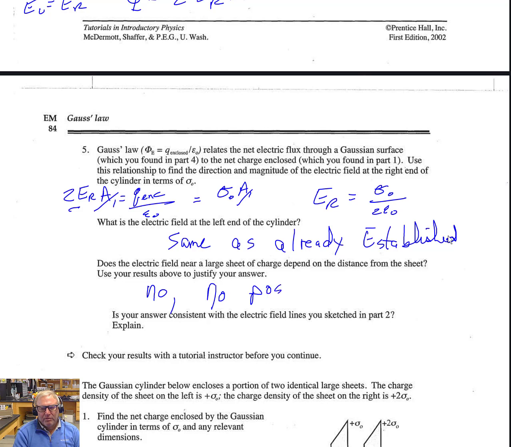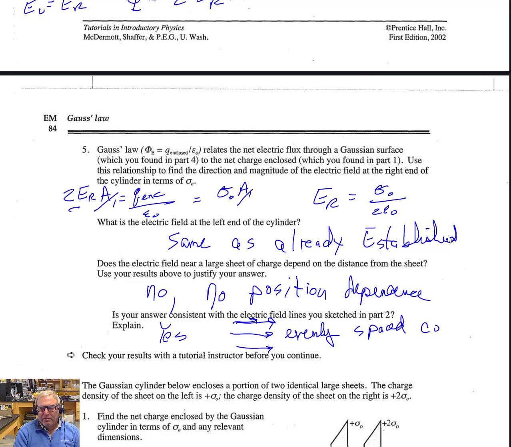There's no position dependence even, so no matter where I am, because I drew them so that they're all evenly spaced. It equals a constant field, constant magnitude and direction. So it doesn't matter where you are.